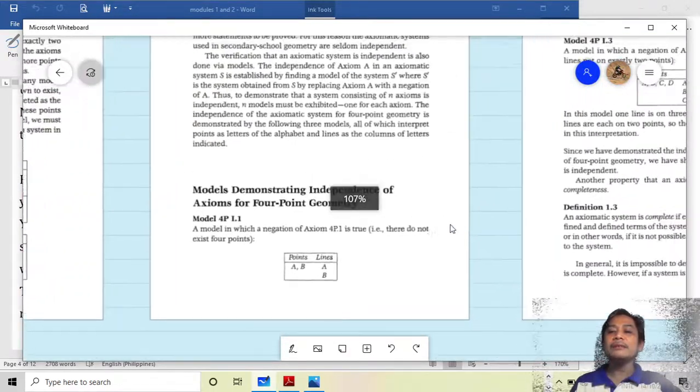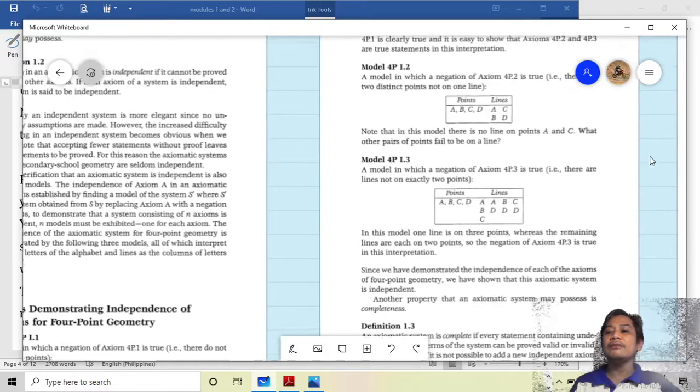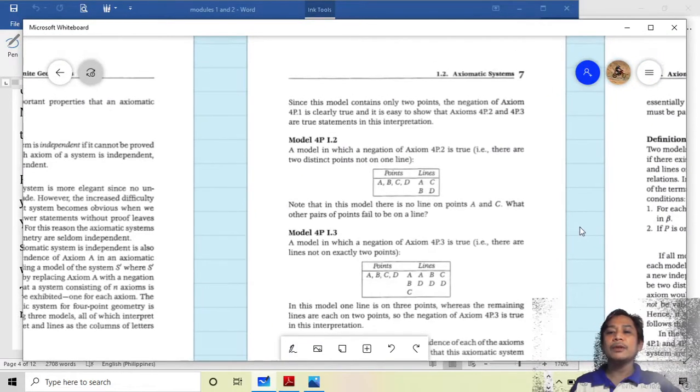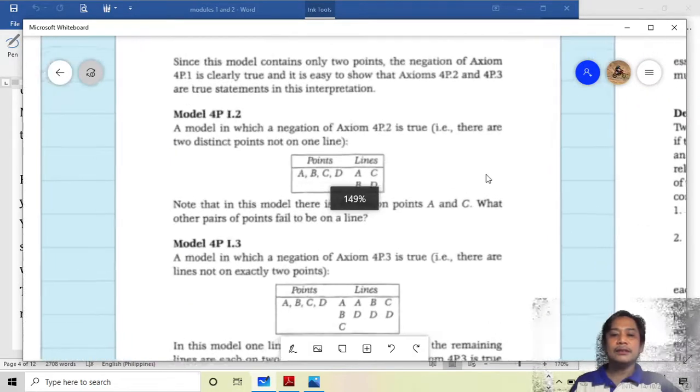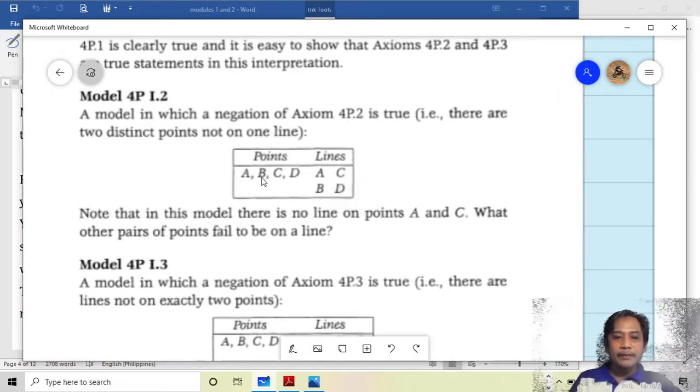Next, we have the model showing the independence of the second axiom of the 4-point geometry. We see that there are 4 points, A, B, C, and D, meaning axiom 1 is satisfied. Next, the lines are AB and CD. Each line contains exactly 2 points, hence axiom 3 is true.